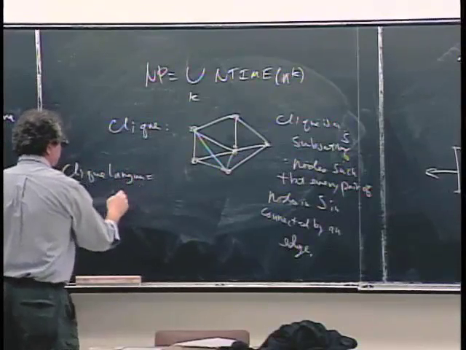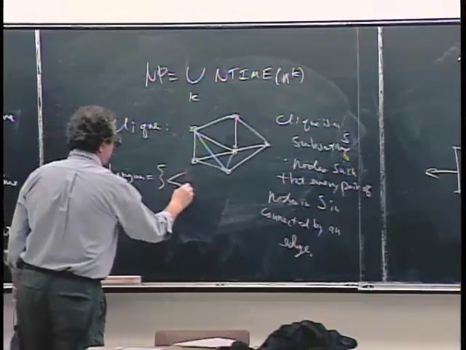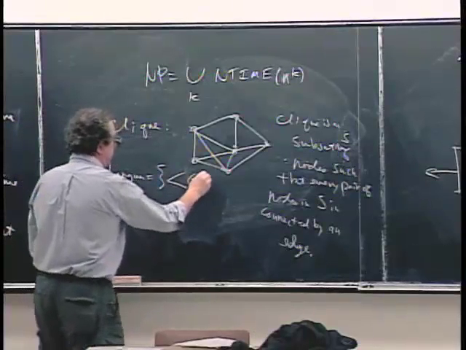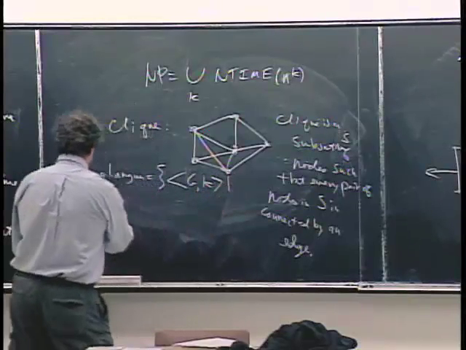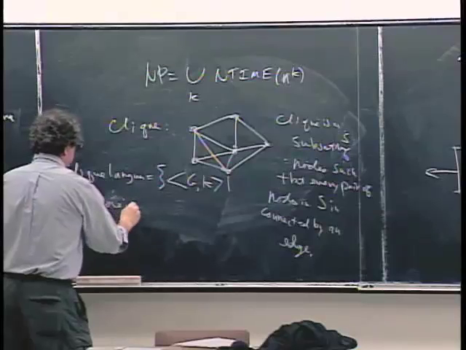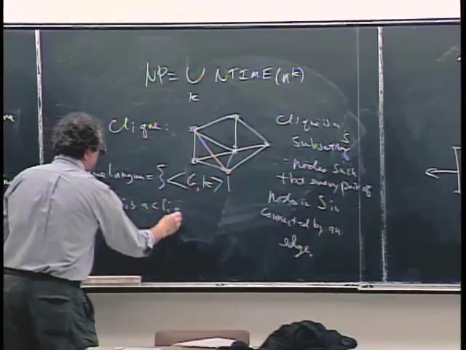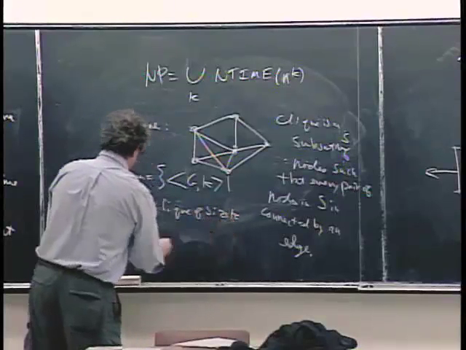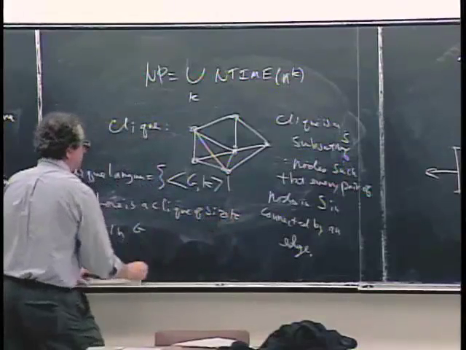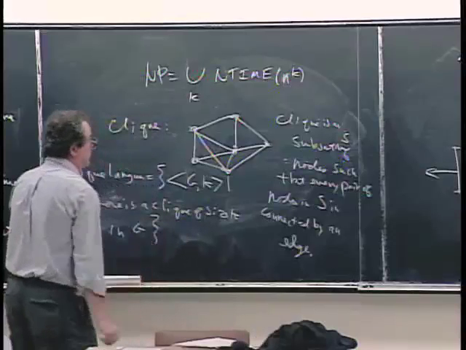equals, well, the input is going to be a graph and a target K such that there is a clique of size K in G. Okay?